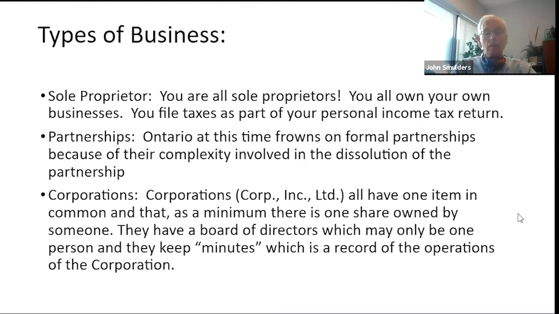All right. If you have more than 1 shareholder, then the minutes would say in the meeting of such and such a date, it has been decided that this person can act on behalf of the corporation to buy or sell. Okay.